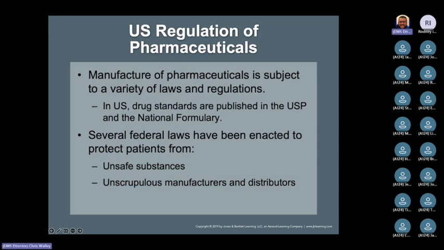So drug standards are published by the USP and the National Formulary. There are several federal laws that have been enacted to protect us as patients from unsafe substances and unscrupulous manufacturers and distributors. So the FDA puts that out there.